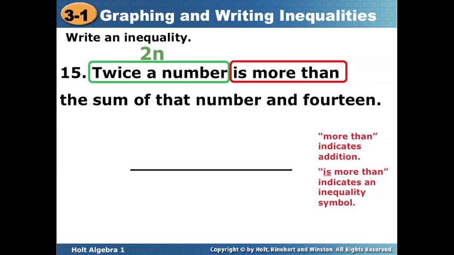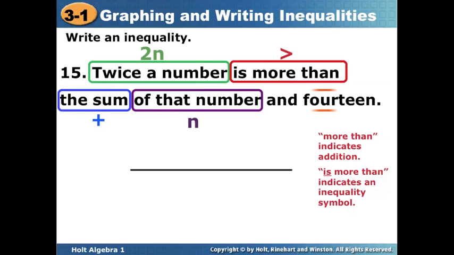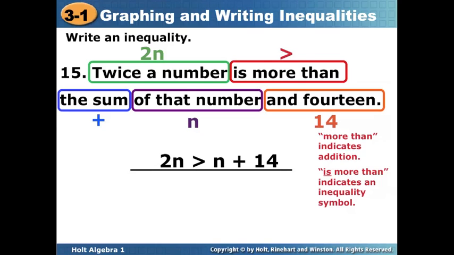Before, when we were solving equations, more than indicated addition. Now, because it says is more than, it's going to be an inequality symbol. The sum of that number, so plus that number, n, and 14. So our answer will be 2n greater than n plus 14.